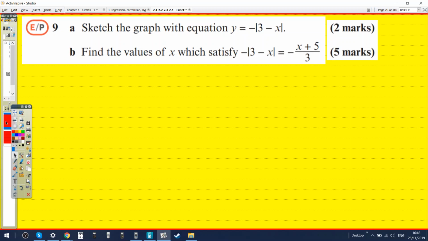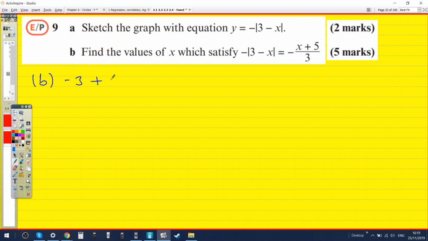Okay, how would you do 9b? Would we still get rid of the modulus brackets so it becomes minus 3 plus x? Yeah.